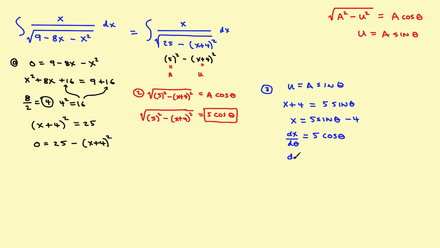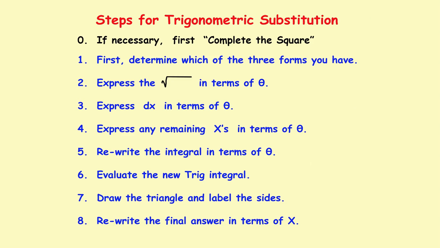So this gets you to the differential x would be equal to 5 times the cosine of theta d theta. And there is dx. So you'll use what's in this little box to change dx into d theta. Now let's look at step 4. So step 4 says express any remaining x's in terms of theta.